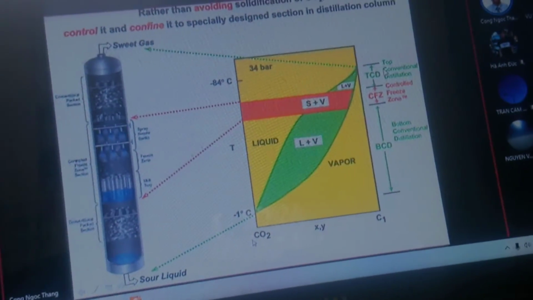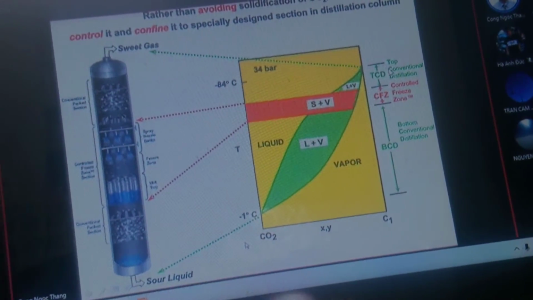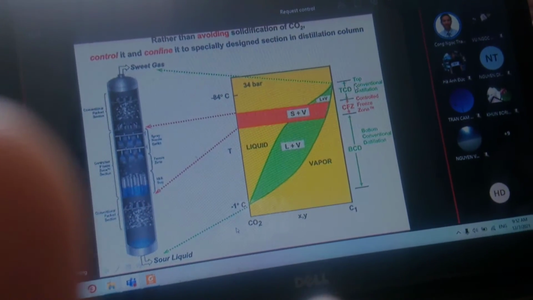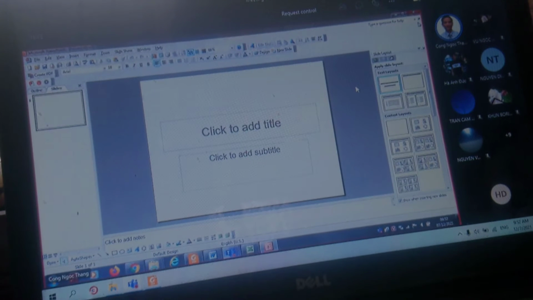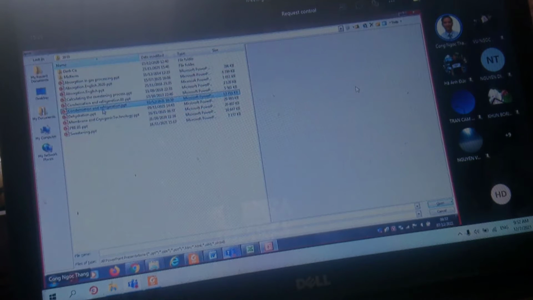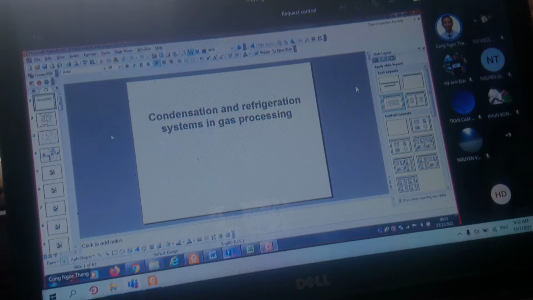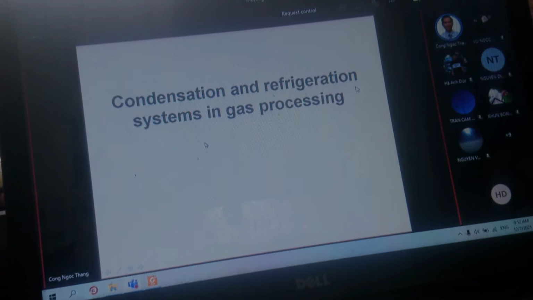Okay, so we finish the switching chapter. Oh, sorry. Now we move to condensation and refrigeration system in gas conditioning and processing.